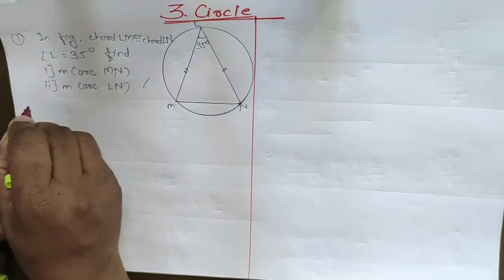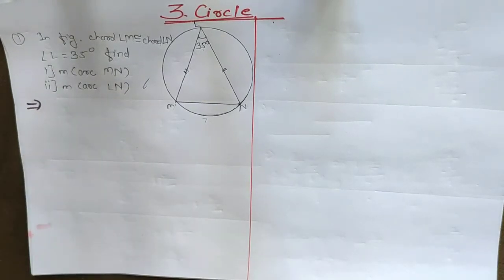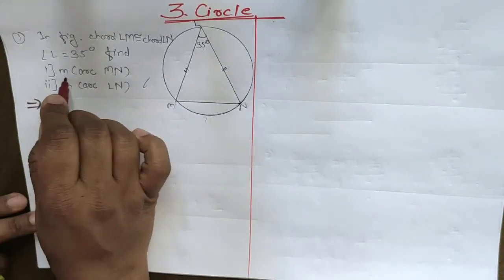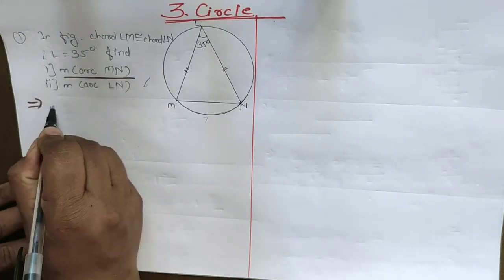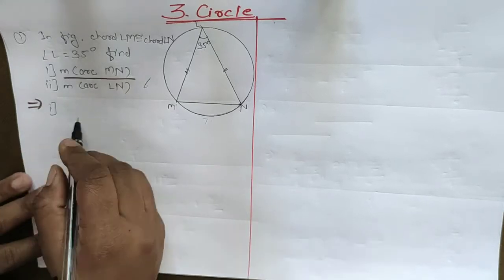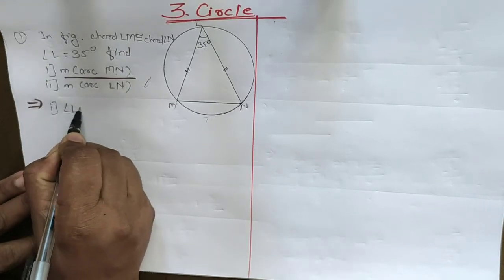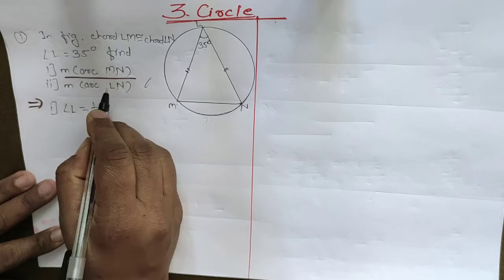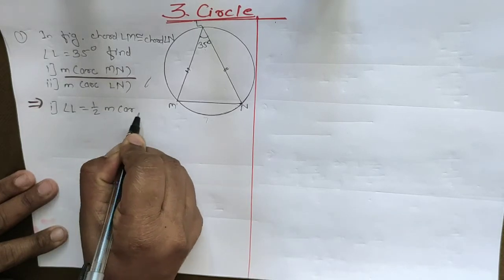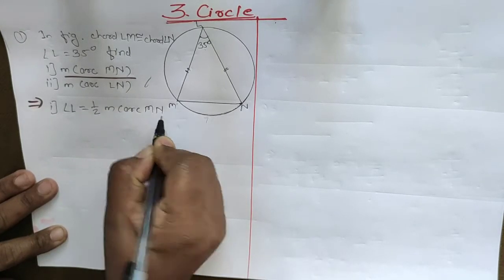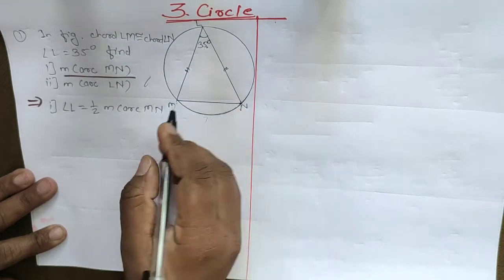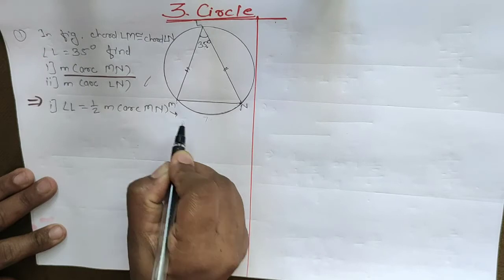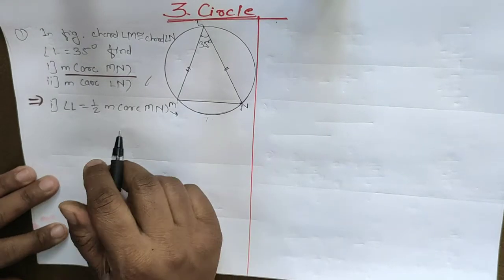So first of all, we will find the measure of arc MN. This measure we will find at first. So first, angle L is equal to, you know that, 1/2 the measure of arc MN. This angle L is half of arc MN, and the reason behind it is the inscribed angle theorem.